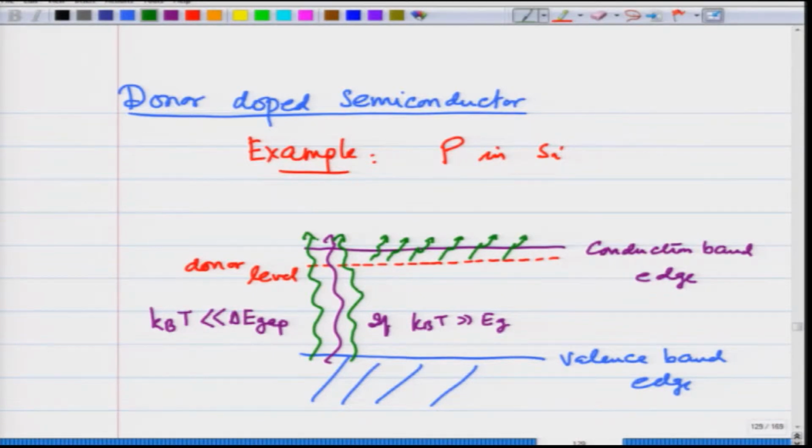And in fact, as I remarked earlier, the concentration of donor levels is very small, and therefore, at large temperatures it is the electrons from the valence band that come to conduction band that will dominate the charge carriers. So, let us identify these regimes.